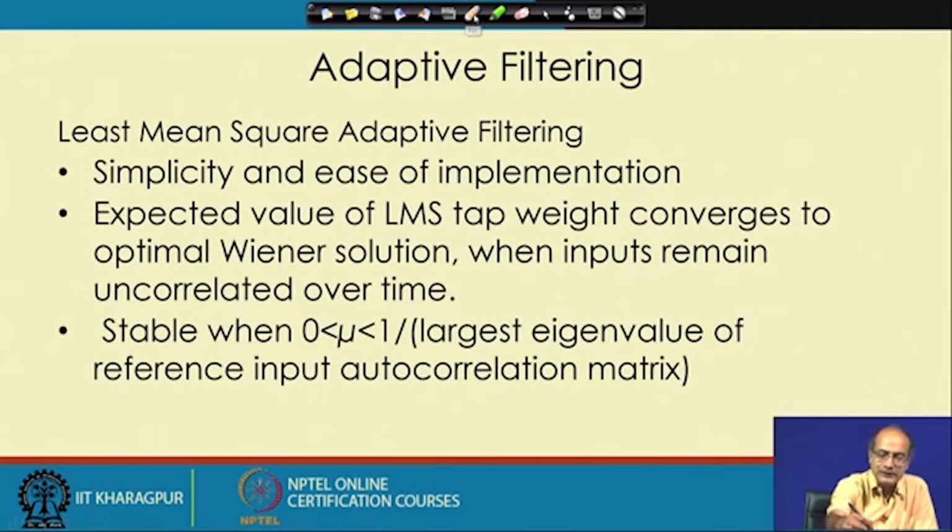So, now let us look at the special attractions of the LMS algorithm. The first thing we get is its simplicity and ease of implementation. Why do we talk about the ease of implementation?